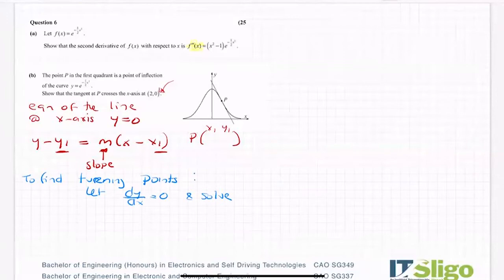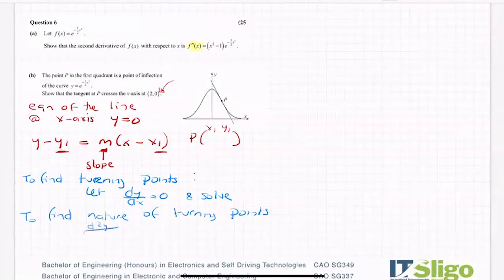Now to find the nature of the turning points, and when I say nature, I mean what type of turning point it is, you need to find d2y/dx squared. Then d2y/dx squared is less than 0 if it's a max, greater than 0 if it's a min, and equal to 0 for a point of inflection.